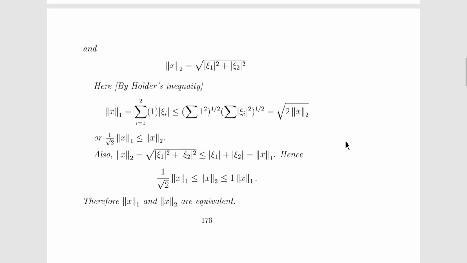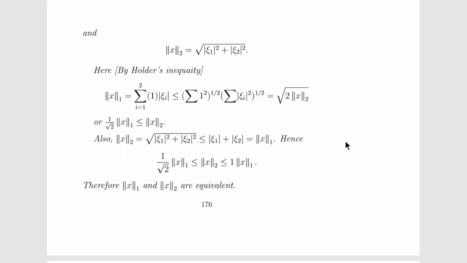First of all, we consider the norm 1, which can be written as a summation over i equal to 1 to 2 of the modulus of xi i. Now using Holder's inequality, this is less than or equal to the square root of the summation of 1 squared, into the summation of modulus of xi i squared, to the power 1 by 2.